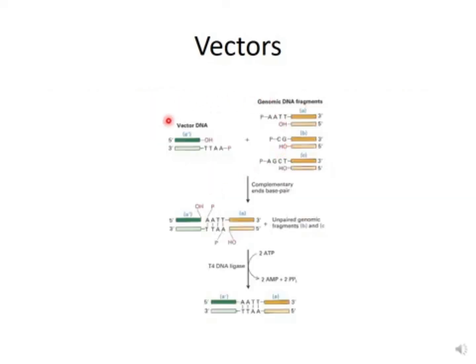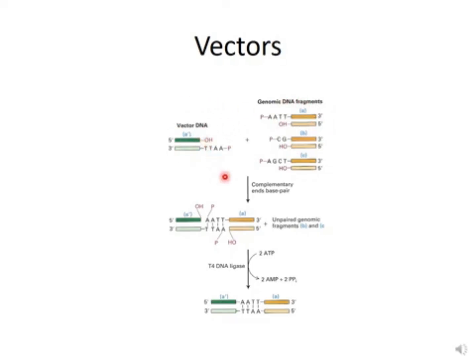So if we have a vector DNA sequence that we can use, and we have a genomic DNA fragment of interest, what we want to do is attach this fragment to the vector DNA.